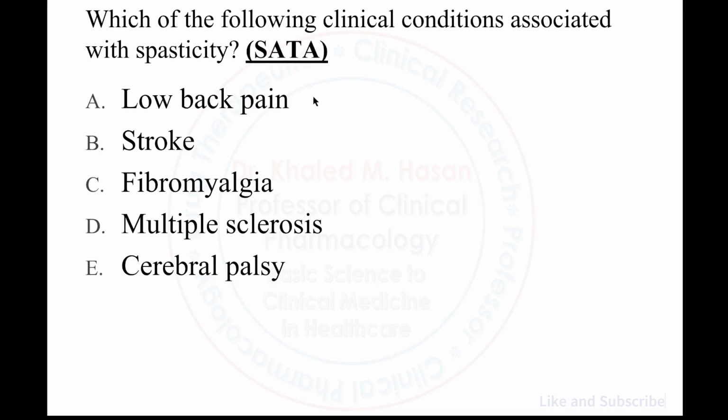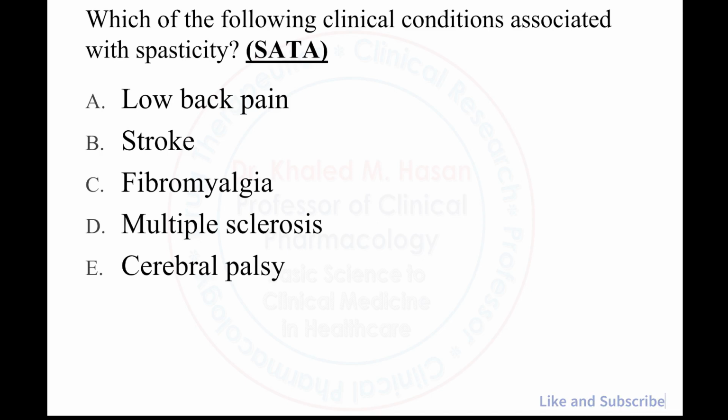Okay, here is a case study, or question: which of the following clinical conditions are associated with spasticity? Select all that apply. Low back pain, stroke, fibromyalgia, multiple sclerosis, or cerebral palsy.